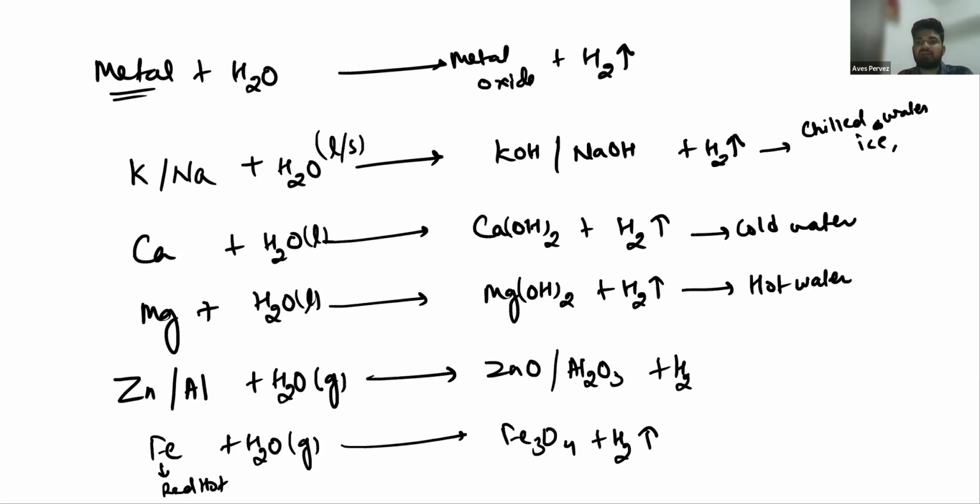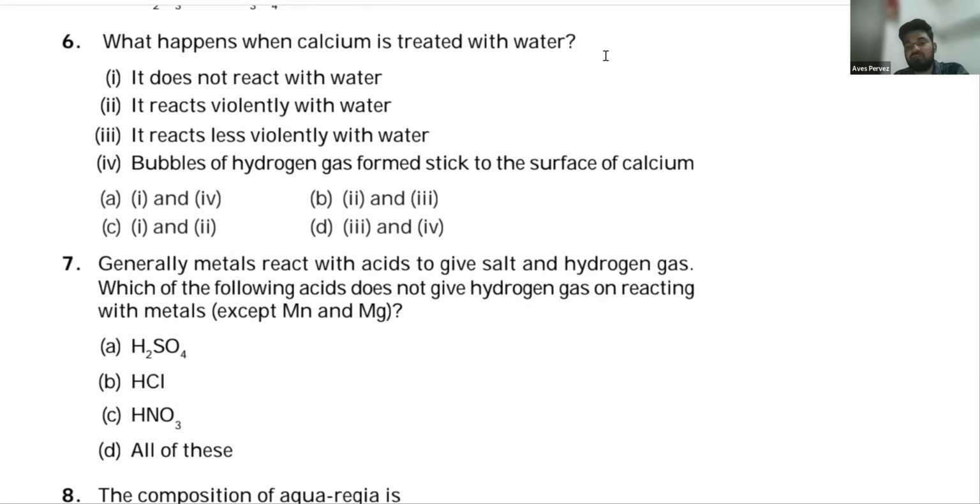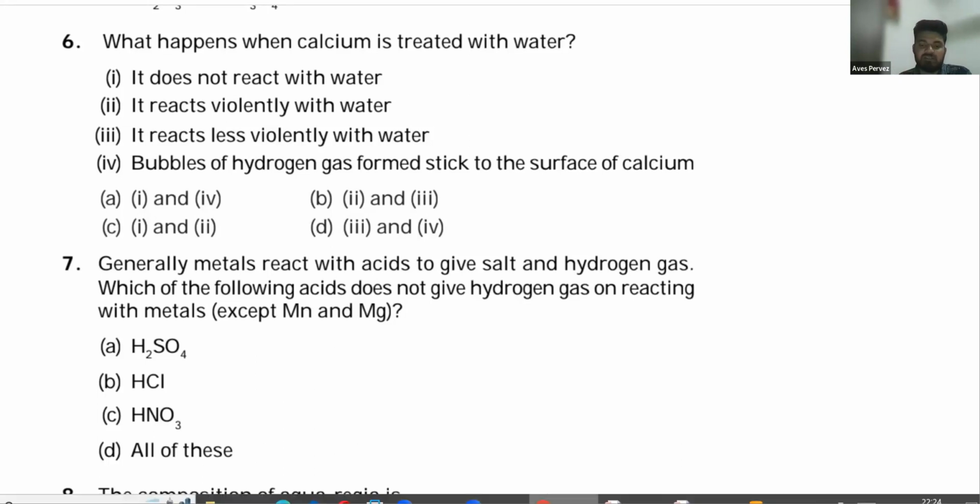So many questions are asked about calcium's reaction with water: calcium floats on the surface of water. Sometimes sodium, when it reacts with water, produces hydrogen gas, but the reaction is so exothermic that the gas produced burns with the heat.